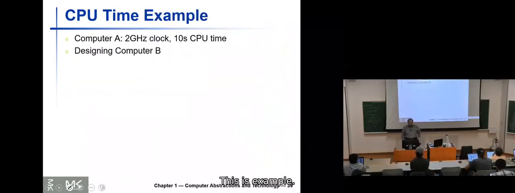Okay, this is an example. We have a computer A, which has a 2 gigahertz clock and a 10-second CPU time. So a program took 10 seconds.